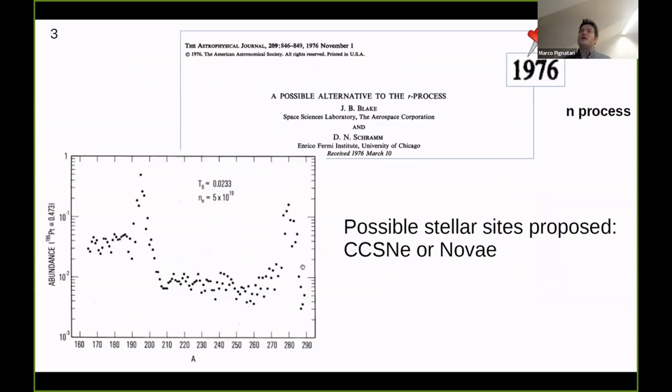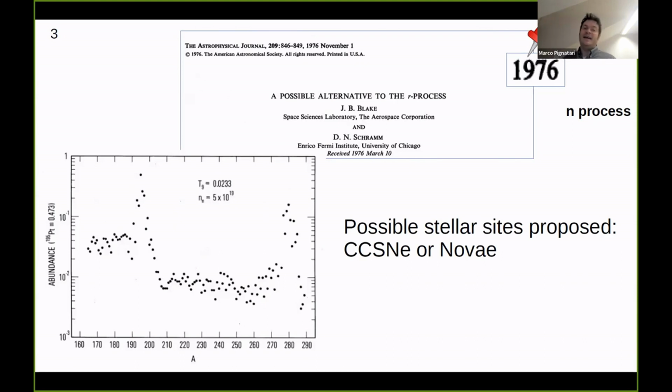The N process was classically introduced from the work of Blake and Schramm in 1976 as a possible alternative to the classical R process. In this work, there was not associated a really specific neutron source. It is mentioned in the paper, if you go and read it, that possible stellar sites are Core-Collapse Supernovae or novae.